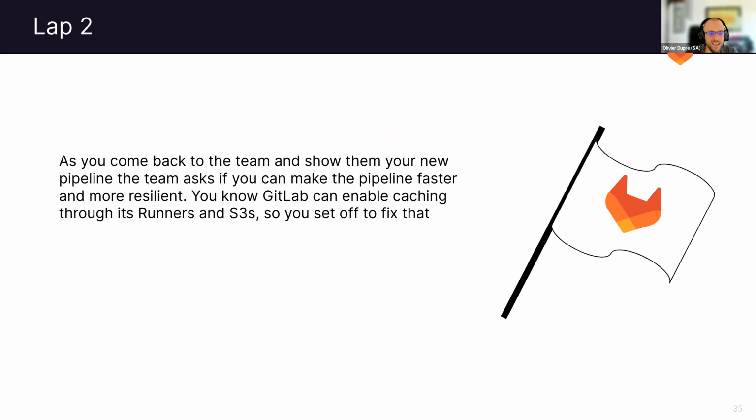We have implemented a first pipeline, but the other members of the company are complaining about the time it takes and want the pipeline to be faster and more resilient. We are going to leverage GitLab caching to cache results from one job to use as input for the next jobs, and this is what we are going to do.